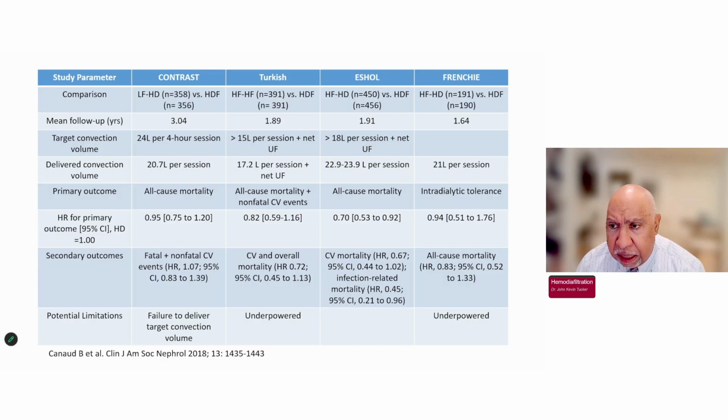And finally, the FRENCHIE trial, mean follow-up of 1.64 years, delivered convection volume 21 liters per session, looking at patient-related outcomes, intradialytic tolerance. The hazard for the primary outcome was 0.94, again, with the confidence intervals crossing 1, and again, this trial was also underpowered.